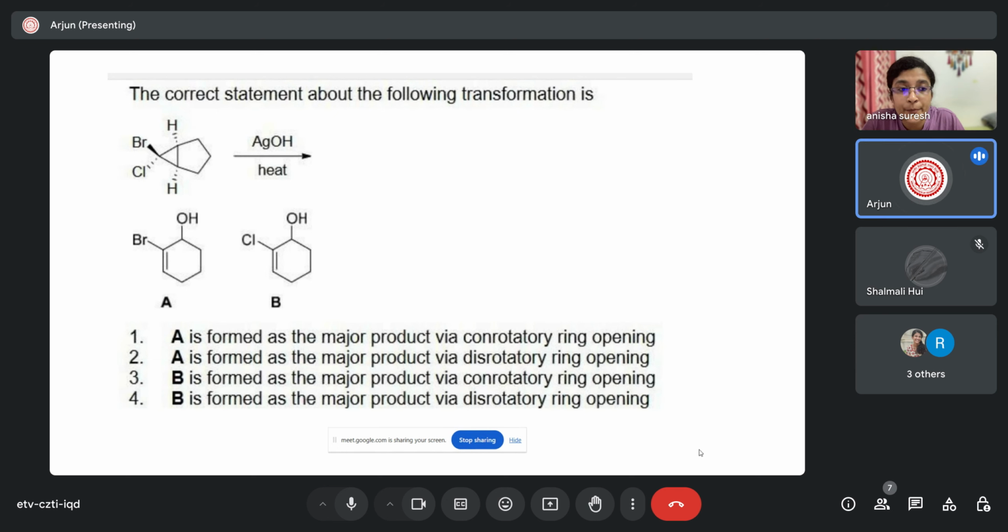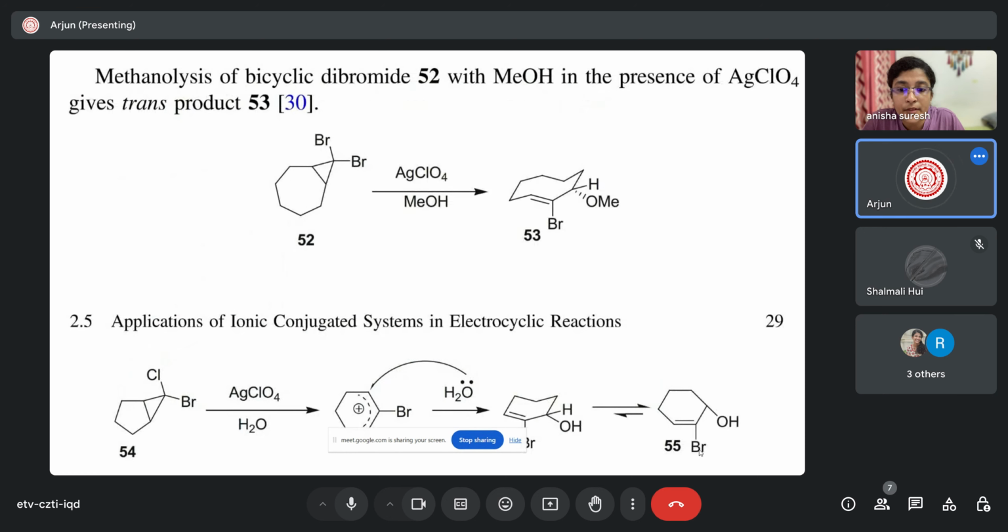Ma'am, I can share some portion from the book. 2.5, application of ionic conjugated system in electrocyclic reaction. Okay. This is the example.